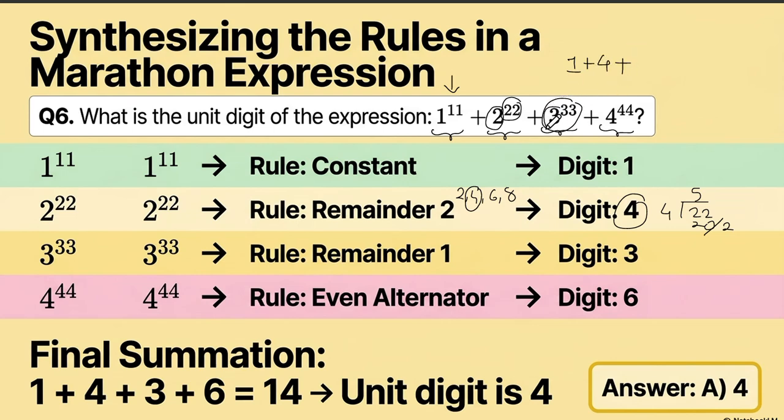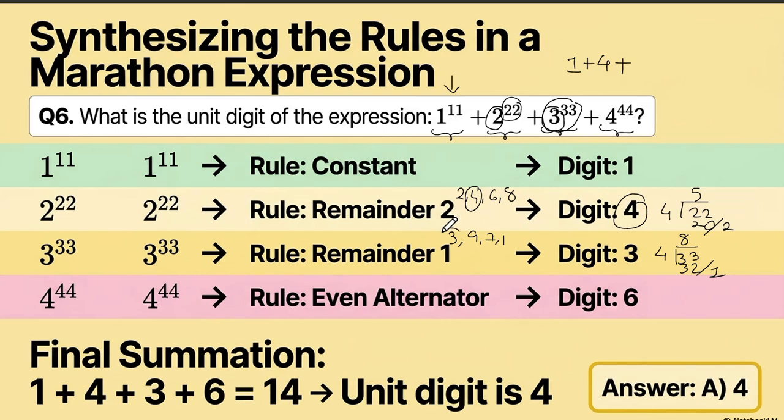Plus 3 raised to 33. The base is 3 and 3 also has cyclicity 4. If we divide the power 33 by 4, 4 8s are 32, so the remainder is 1 here. Remainder 1 means the first digit. In the cycle of 3, we have 3, 9, 7 and 1.